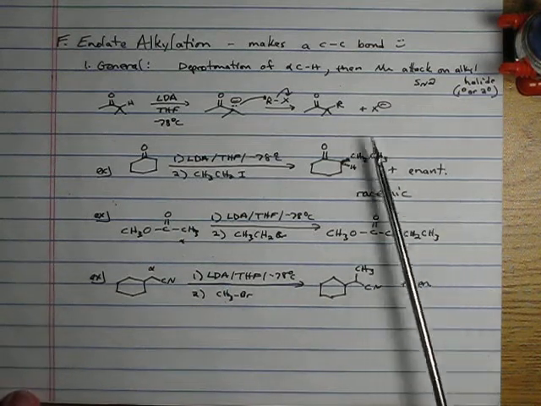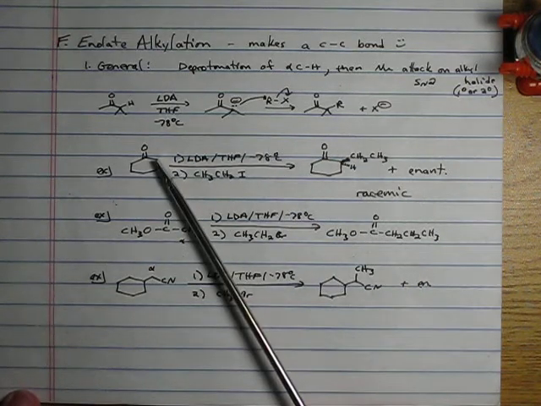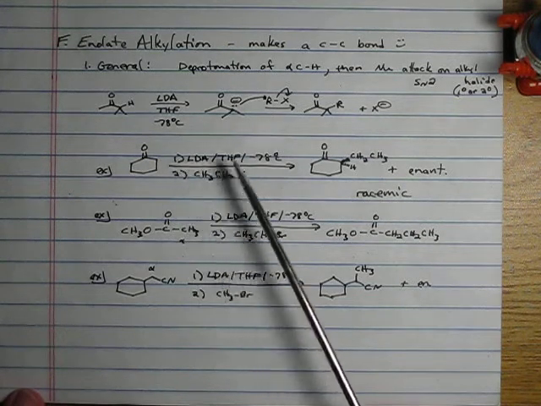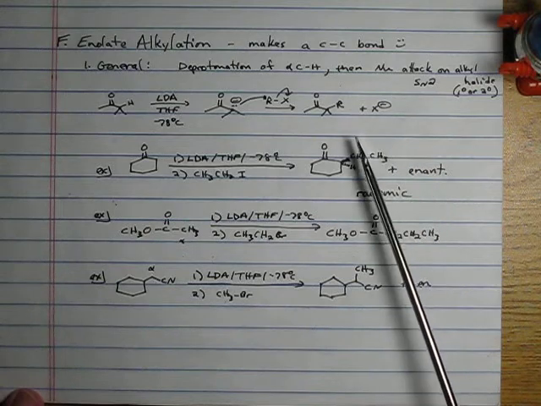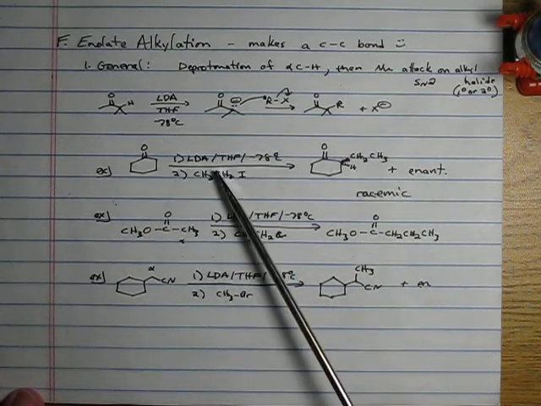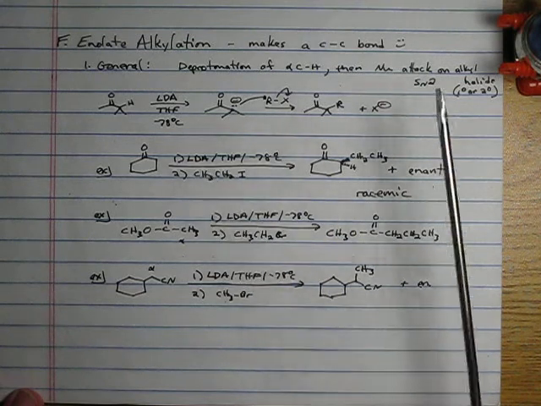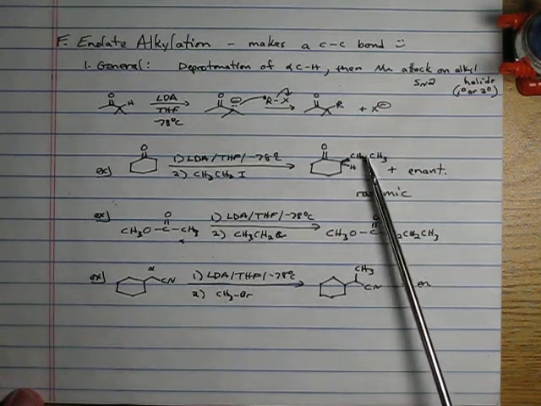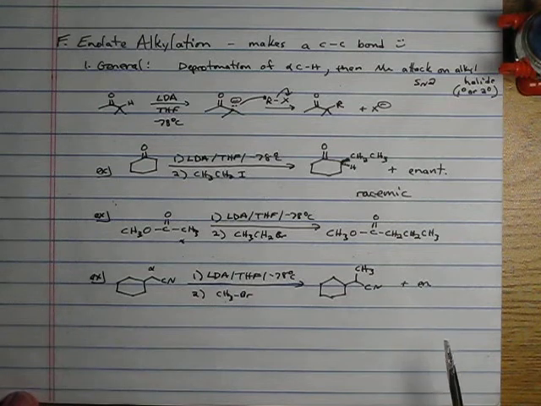And note the geometry of the carbanion is trigonal planar. Therefore, this ethyl group can come in from the top side or the back side. Technically, our enolate will attack this carbon from one side or the other, and we will get the racemic mixture of the two enantiomers.